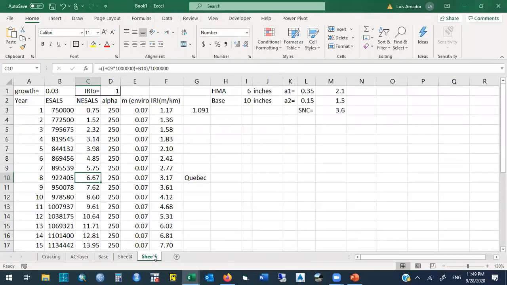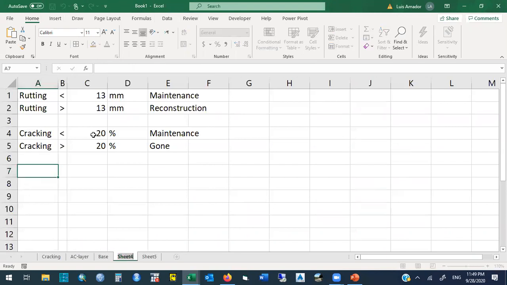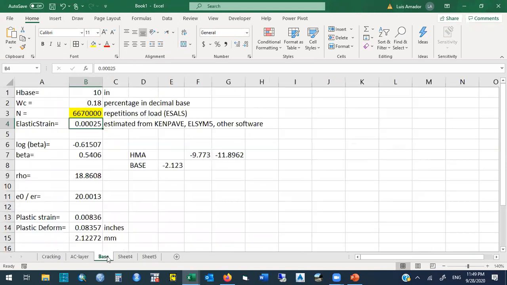Okay, are you guys following me? Yes. I say that this is my reconstruction criteria, right? Yes. Then I'm probably about right, because in terms of cracking it is at 20% and in terms of rutting it is 13 millimeters.